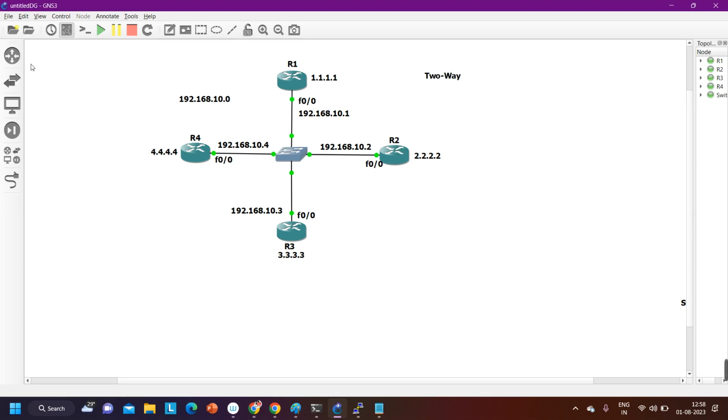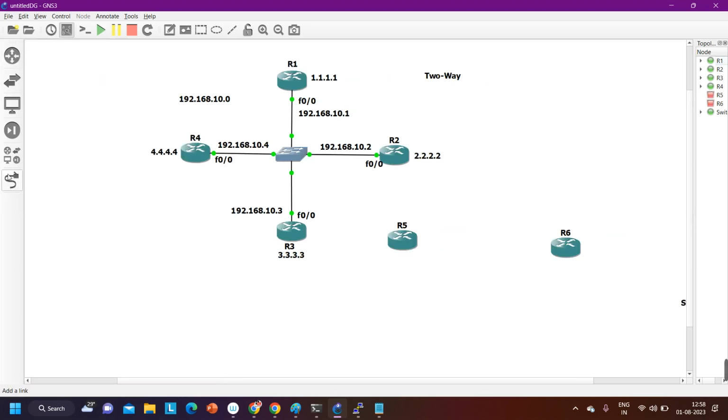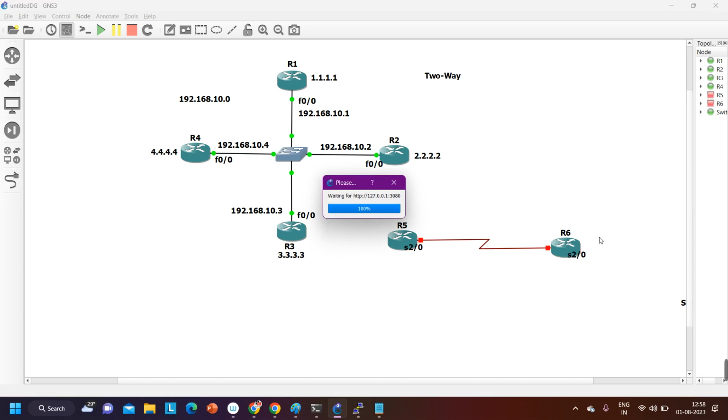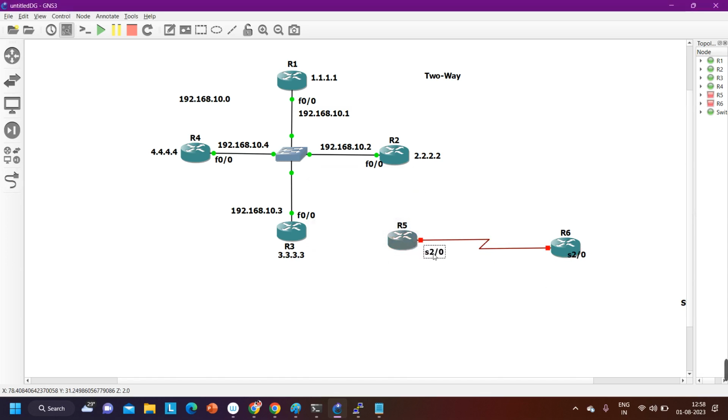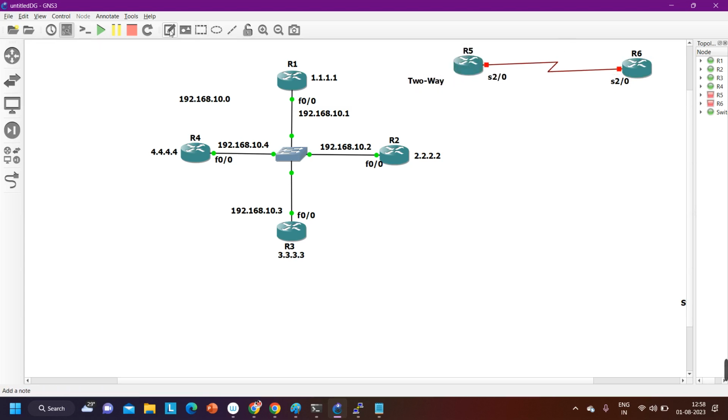But if I connect two routers together, router 5 and router 6, through a serial link, this is a point-to-point connection. And if I configure OSPF in this network, between these two routers I am going to use a network.